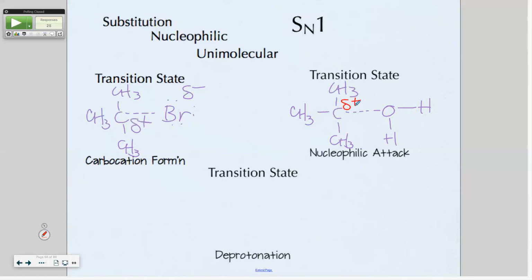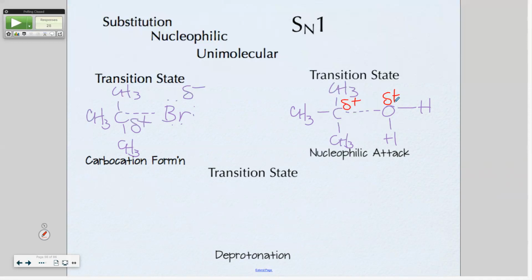What happens to the O? At the beginning, it's neutral, and at the end, it's positive. So what are we doing here? We're gaining plus charge. See where the partials are coming from. Look at the start and the end of each step. That's the nucleophilic attack, the nucleophile adding.